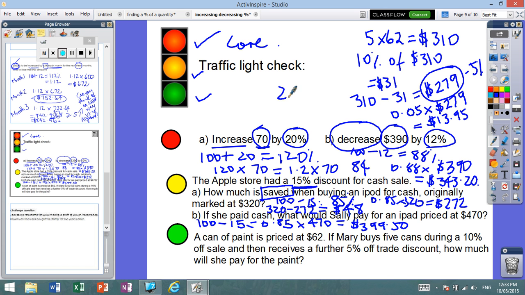So 279 minus 13.95. I might even put that as 13.95 so it all looks nice. And that ends up giving us $265.05 for Mary. So Mary pays $265.05 for her paint after her discounts.